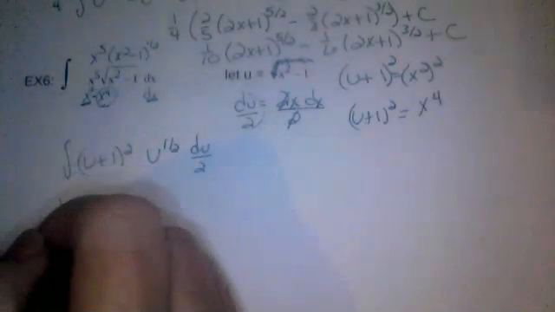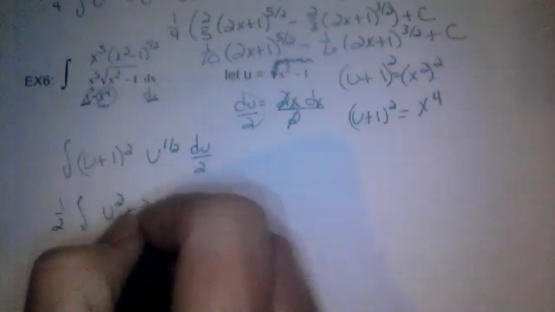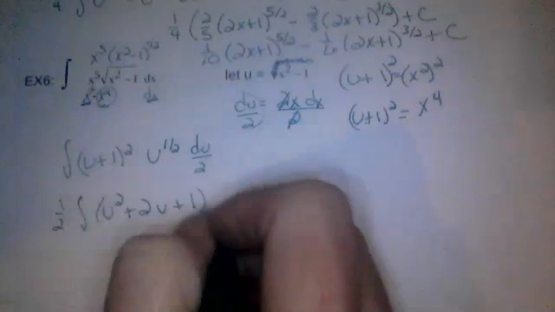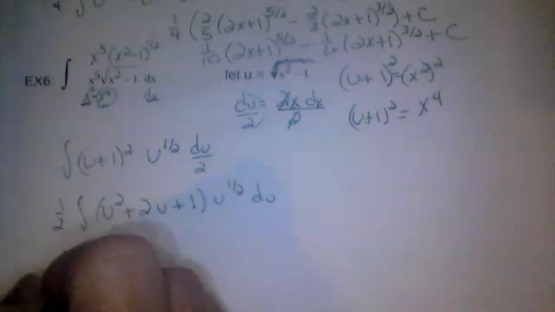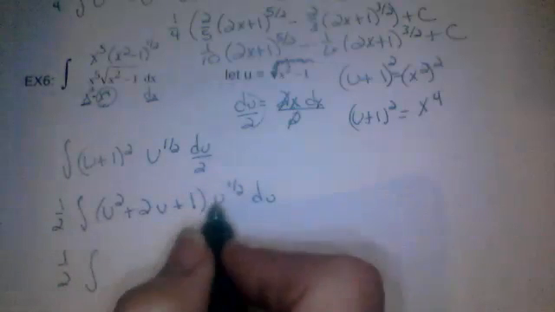So we're going to bring the 1/2 out to the front times the integral. I need to multiply this out. So this is going to be u squared plus 2u plus 1 times u to the 1/2 du. Alright, so now I'm going to distribute the u to the 1/2.